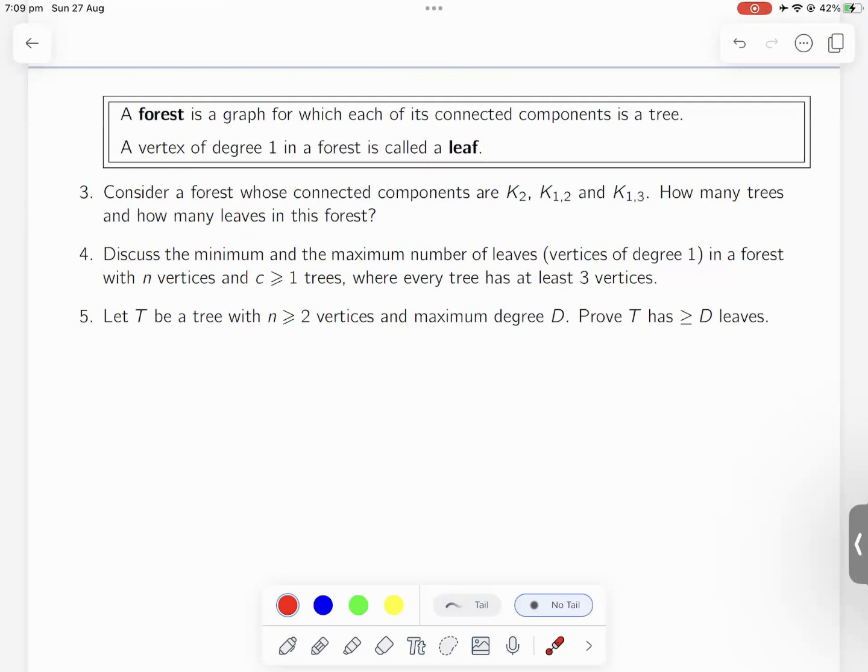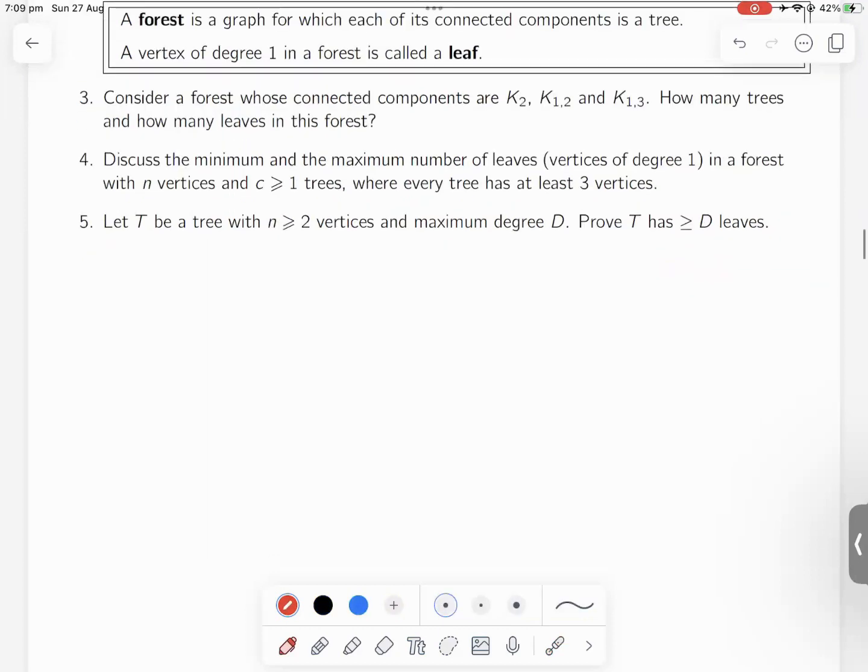All right, so I see that K2 is this guy, K12 is this guy, and this is K2, K13.